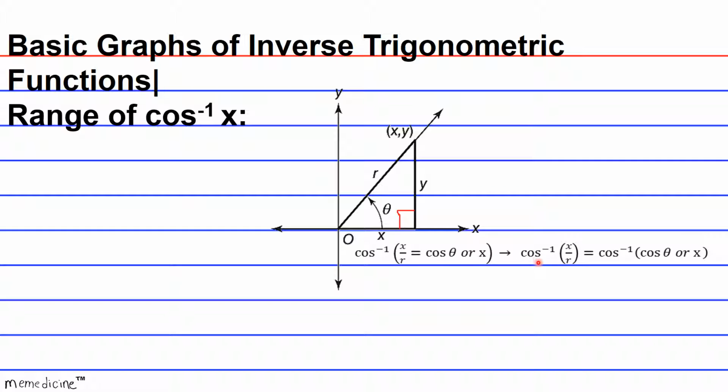And when we do that, we get the inverse cosine of the cosine value, which is x over r, or adjacent over hypotenuse, is going to be equivalent to the inverse cosine of the cosine of our angle theta. Okay? And you're going to see that these two cancel each other out and they unmask the theta. So the inverse cosine of x over r, or x whatever, some particular value, is going to be equal to theta. All right, the angle.